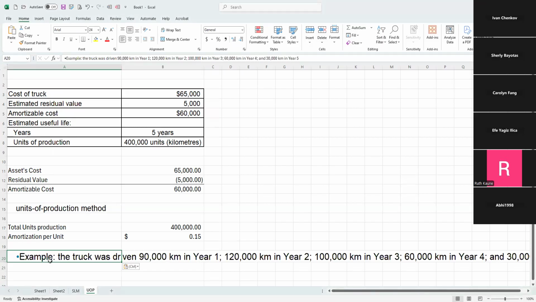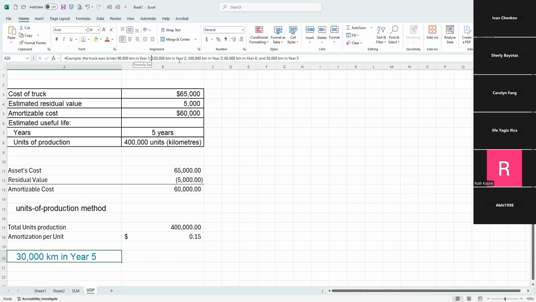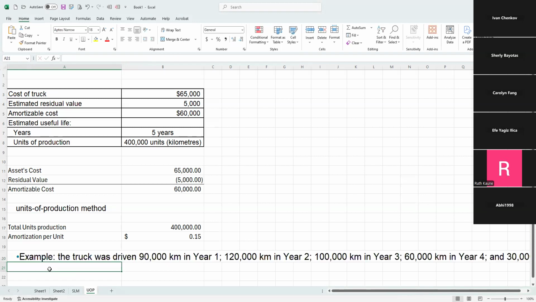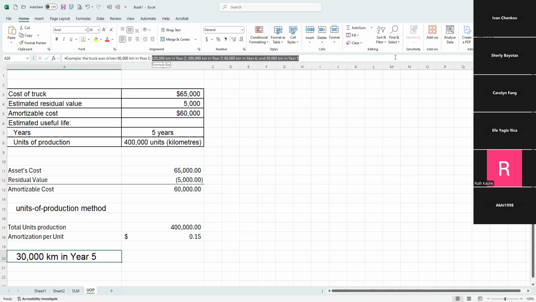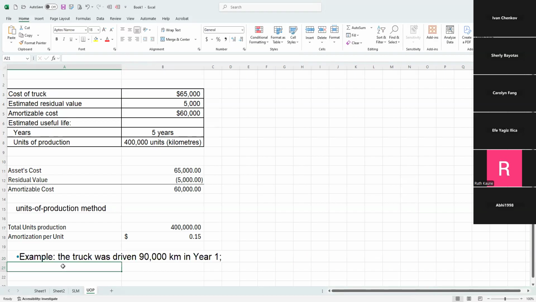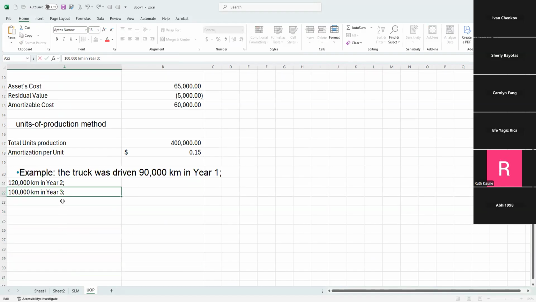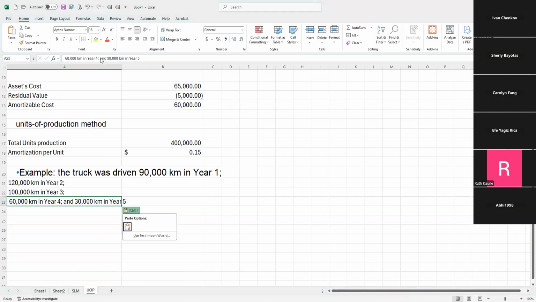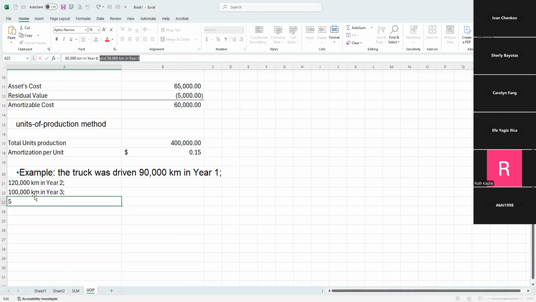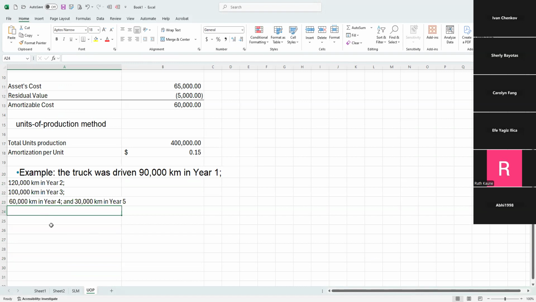So the example is the truck was driven 90,000 kilometers year one, 120,000 kilometers year two, 100,000 kilometers year three, 60,000 kilometers year four, and 30,000 kilometers year five.